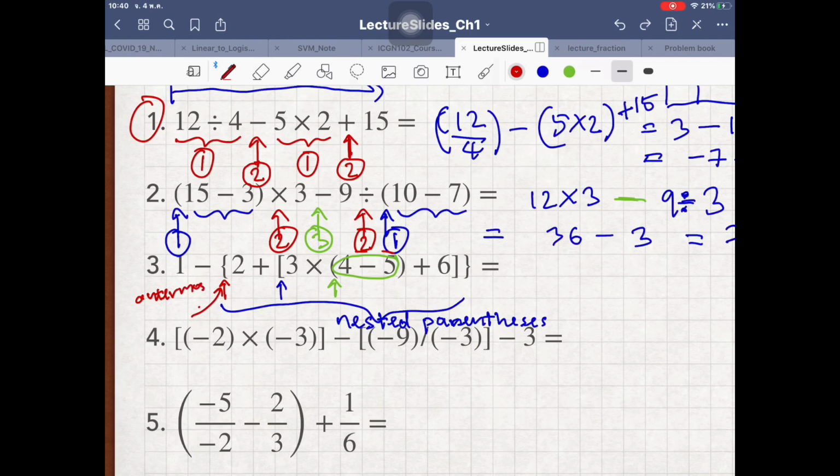Okay, let me write it down again. This one is outermost. And then the parentheses in the green color will be the innermost parentheses.